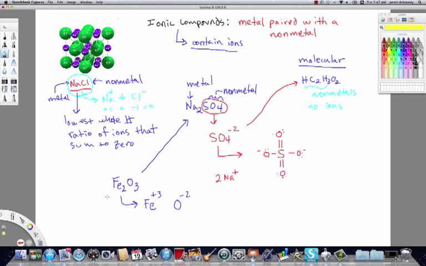Now you'll notice the subscripts in this formula, which suggests that we need 2 irons and 3 oxygens. Now, in a lot of chemistry classes, the way this is going to be explained is through drop charge.